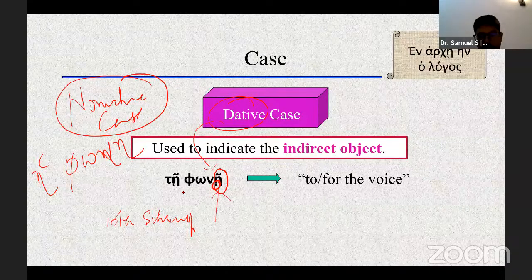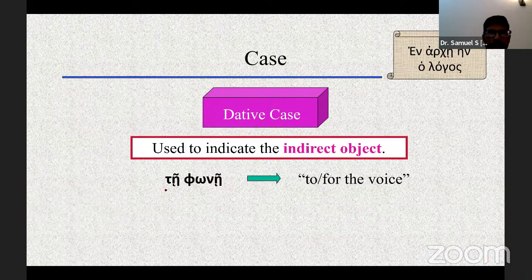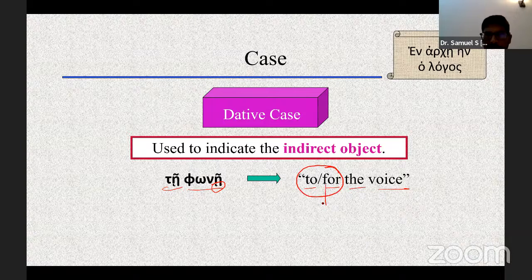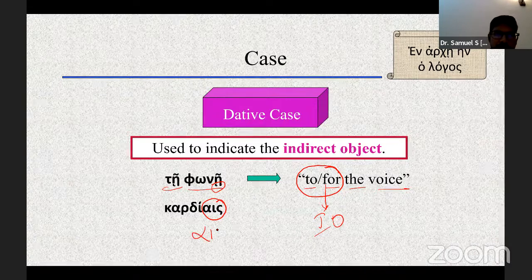right? And the way you would translate te phone with the iota subscript is "to or for the voice." This little word here would denote that it is the indirect object. And here, in the nominative, it was just cardia.